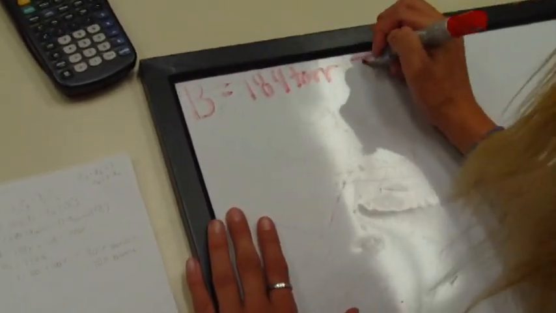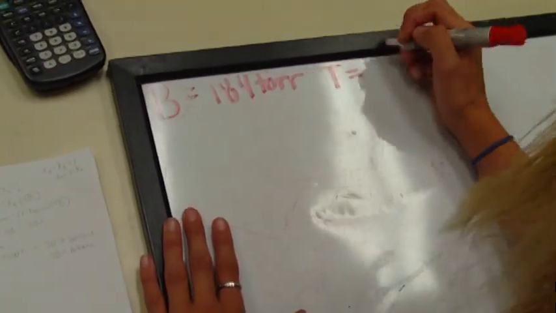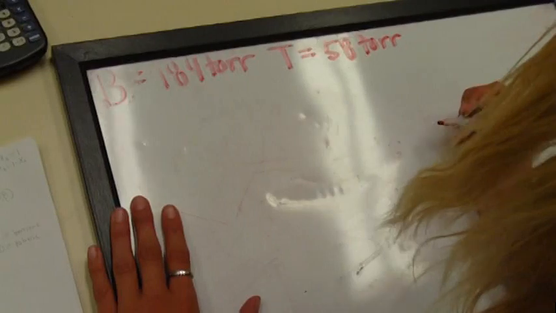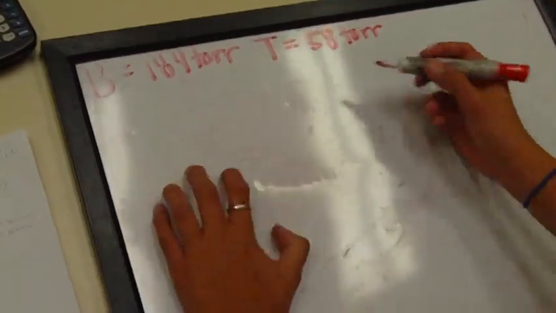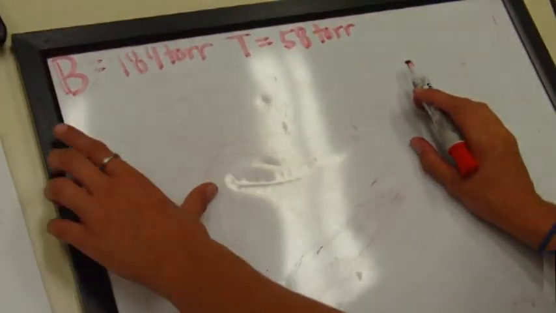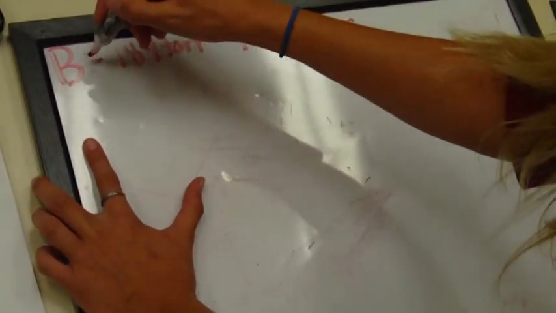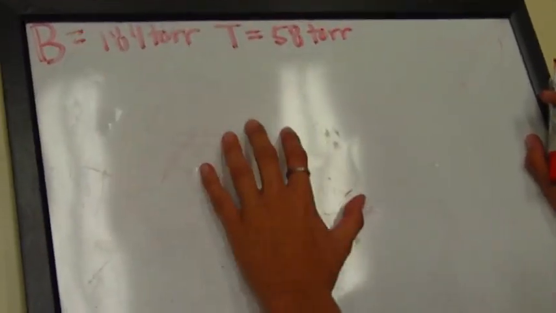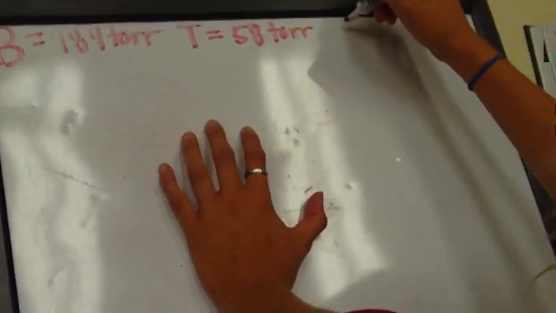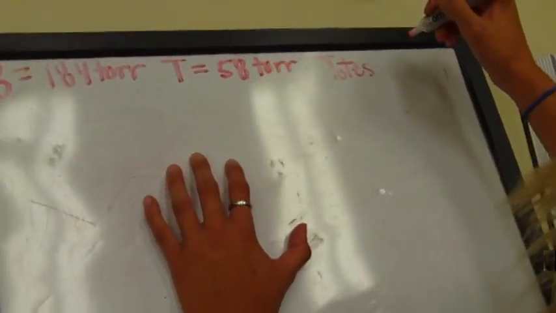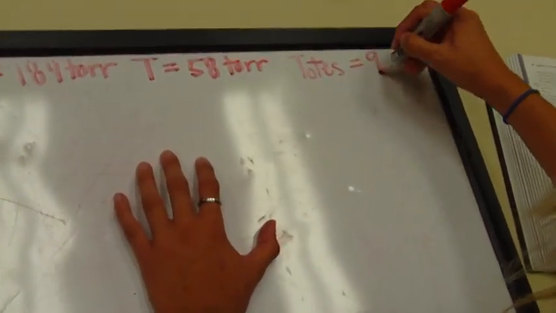We know that the toluene was 58 torr. And we know that what it's asking is what mole percents do we need of both to get a total of 96 torr.